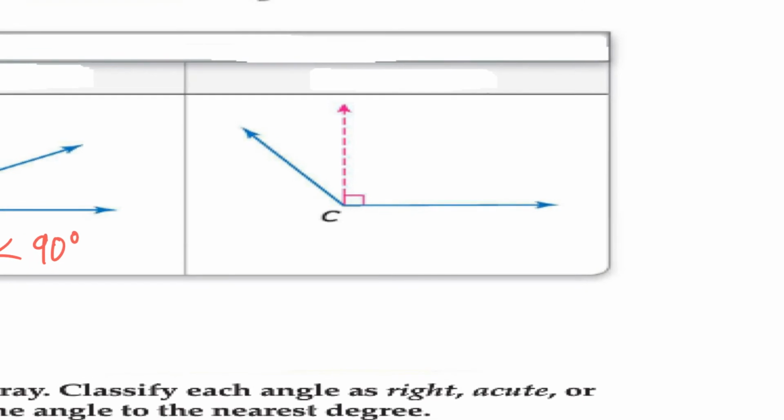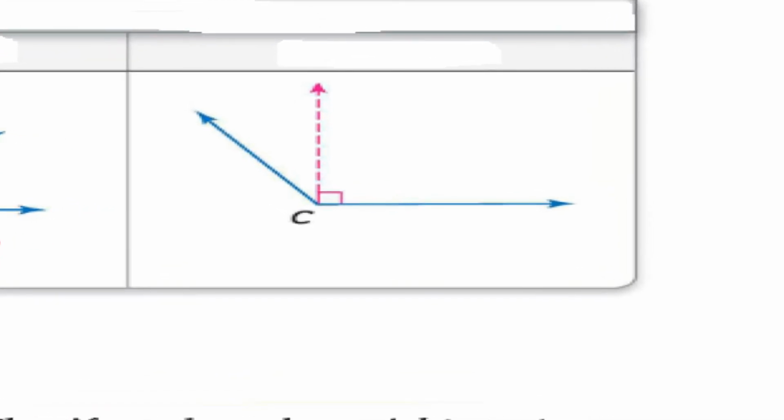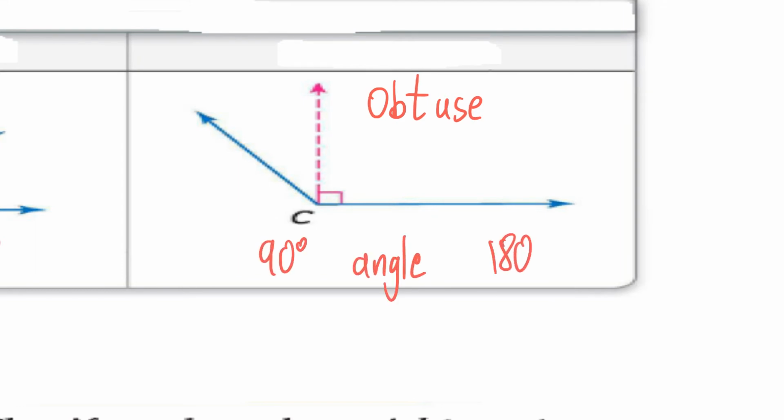Okay, and again, I'm not asking exactly how big this angle is, but just in general, what type of angle would that be? Obtuse. Okay, so what's up with obtuse angles? How big are they? An obtuse angle is from 90 to 180.